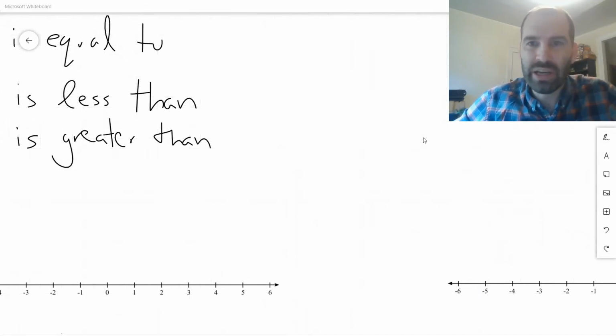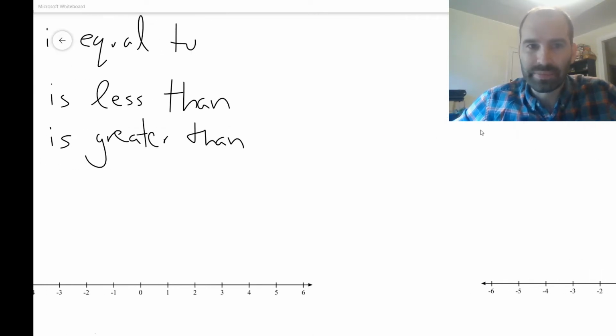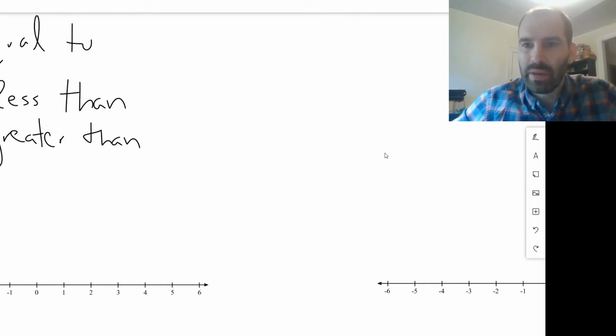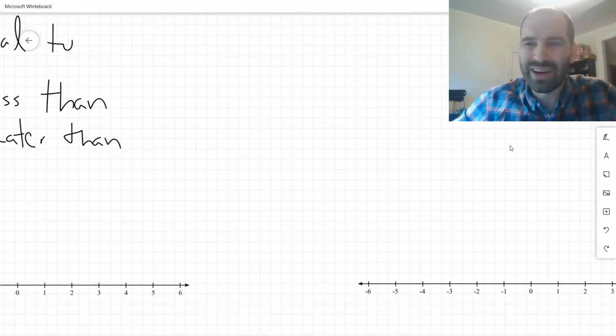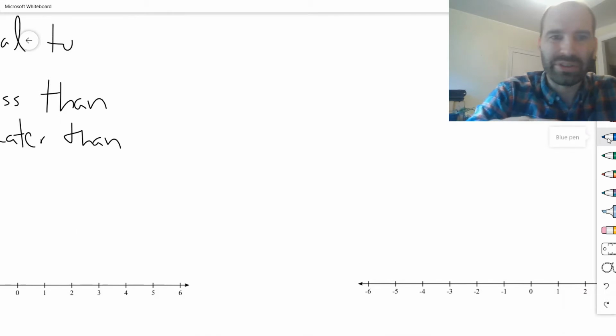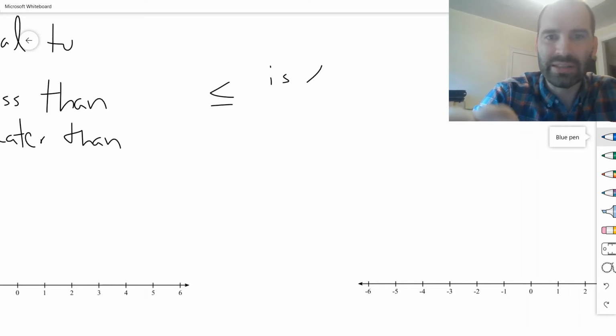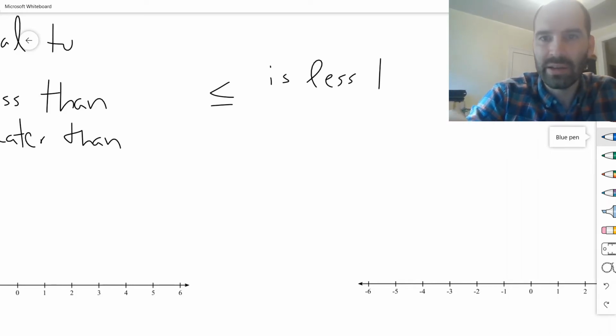So let me scoot over here. I'm moving the whole screen. Sorry. So that's another kind of inequality. We have this symbol, less than or equal to. So this means is less than or equal to.